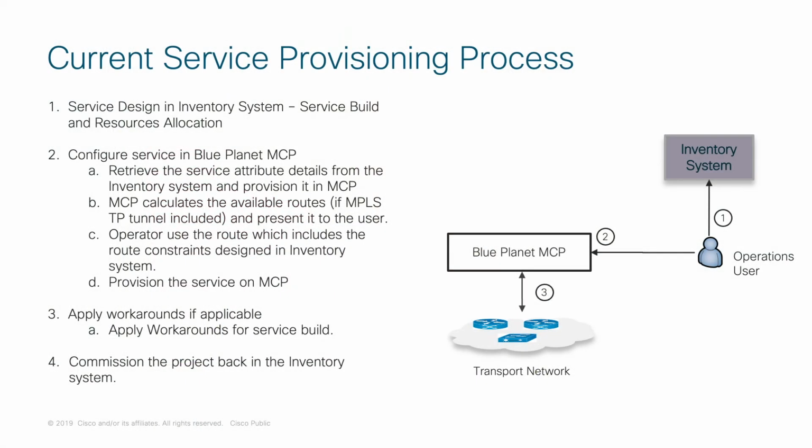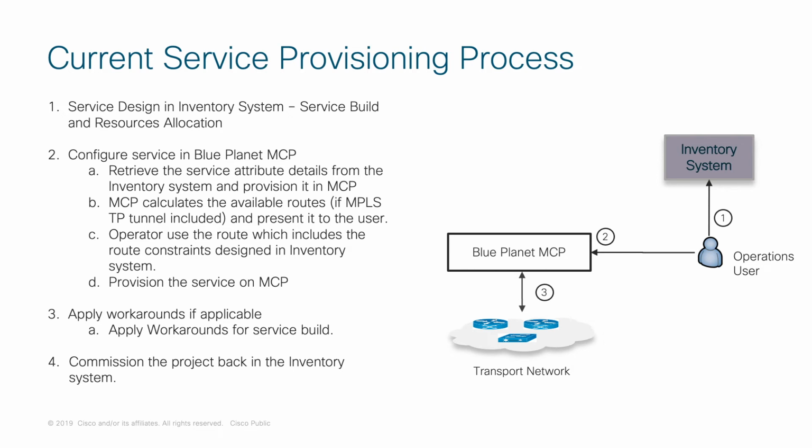So what you are seeing on the screen is our current service provisioning process. So they've got an inventory system in which the operations team go there and design the services. So the transport services are generally more complex than the IP services. So they've got a lot of components which they need to design in the inventory system.